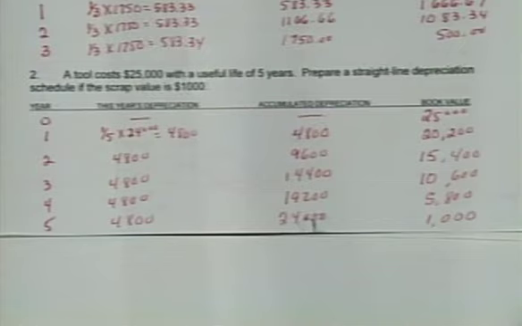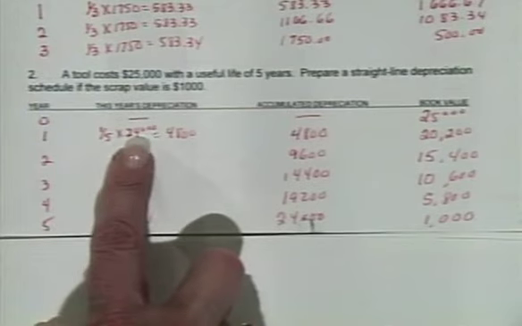Once we do the accelerated depreciation and the units of production, we'll talk about how they're different, okay? But to begin with straight line, you must always calculate the total amount to be depreciated and use that number for the calculation.